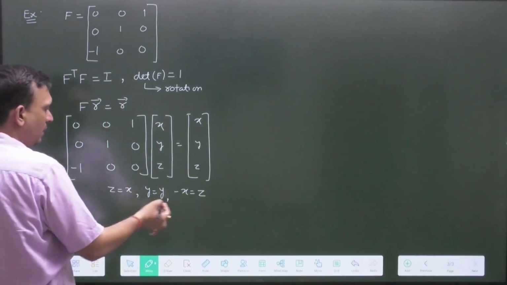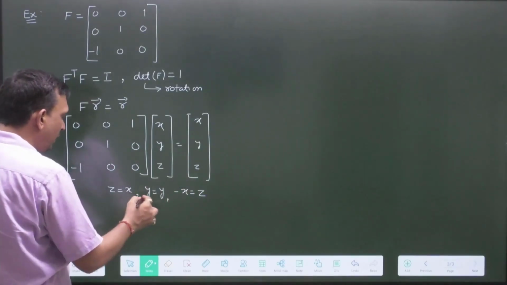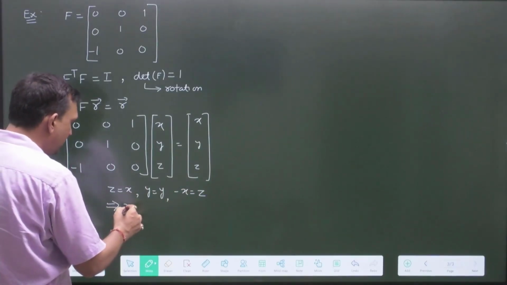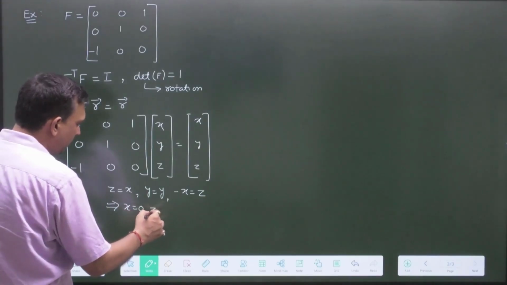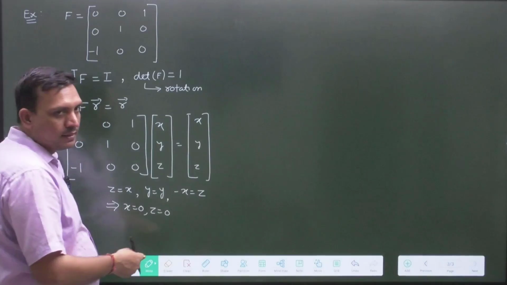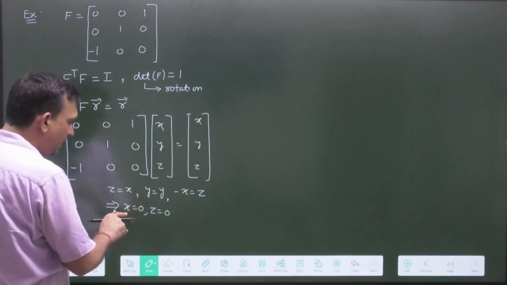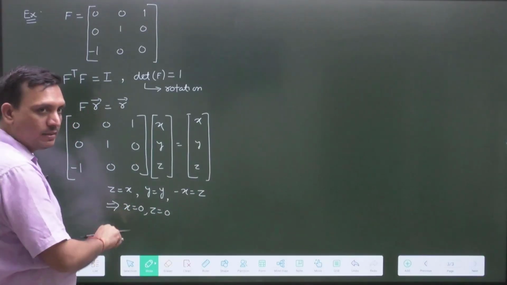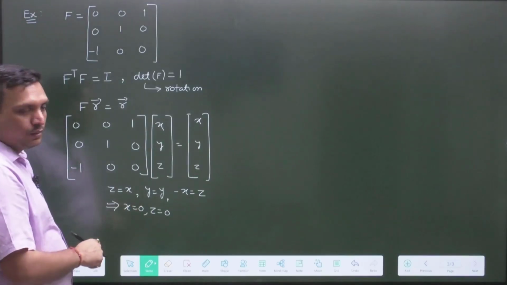This condition will be satisfied only if both x is 0 and z is 0, because z is equal to x and z is equal to minus x.